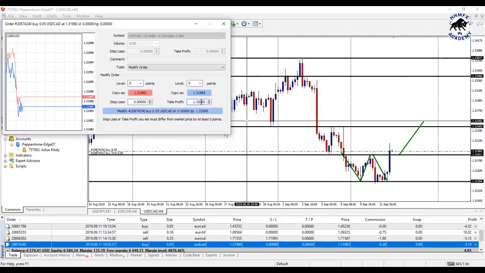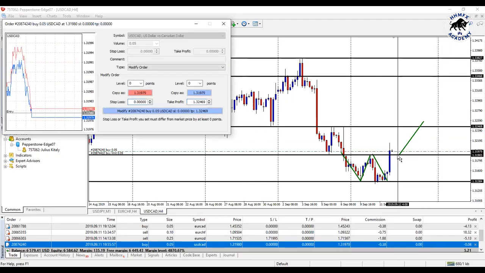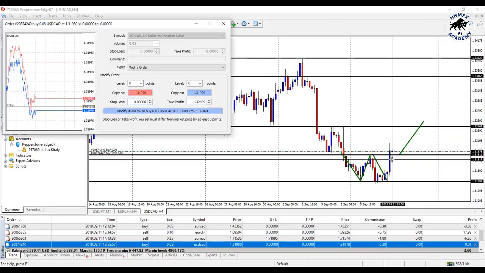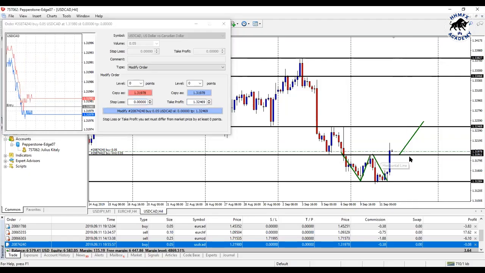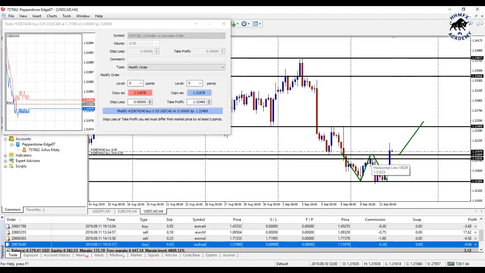And I'll tell you where to put your stop loss. Now, what about stop loss? Stop loss should be somewhere. Remember, this was the peak. The closing price of this rejection was this one.